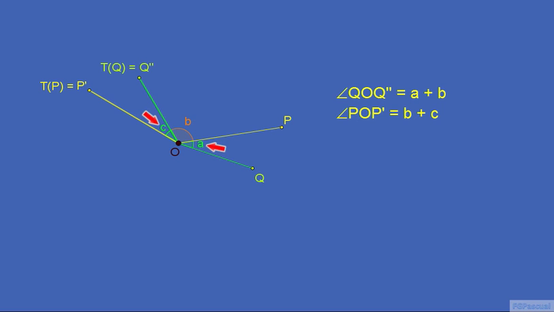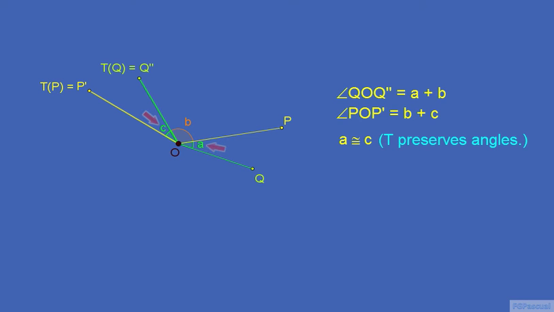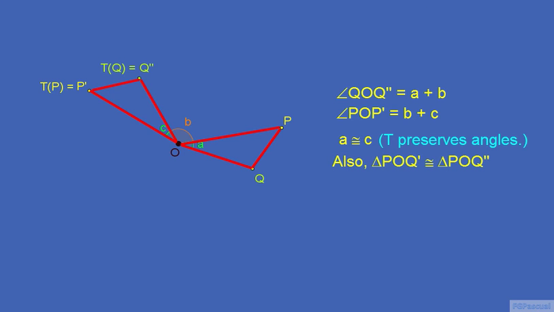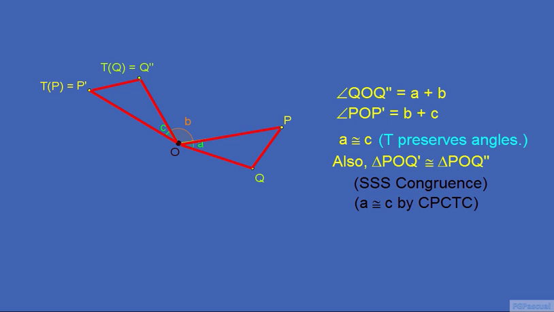Now angles A and C are congruent because capital T, being a Euclidean isometry, preserves angles. Also, one can show this to be true because triangles POQ and P prime OQ double prime are congruent by SSS congruence. And so angles A and C are congruent by CPCTC, being corresponding parts of congruent triangles.